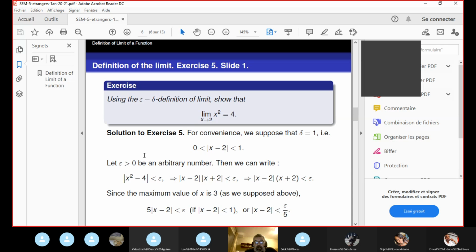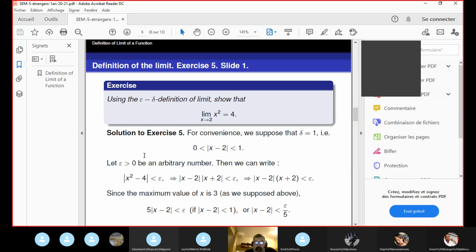Then from the first inequality, I say that absolute value of x minus 2 is less than 1 and greater than 0. Then x minus 2 is less than 1 and strictly greater than minus 1. Yes? Then x is between 1 and 3. So x is less than 3.